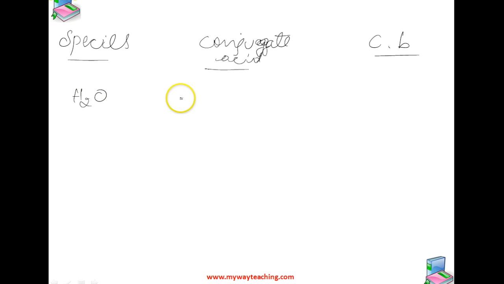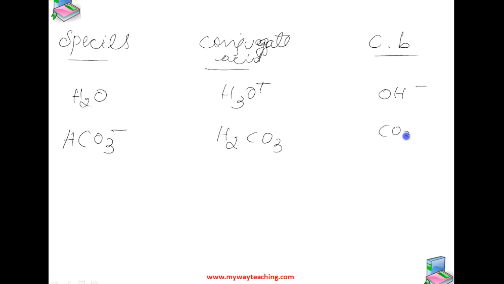H2O. What do you mean by conjugate acid? They should have one extra proton in each case. Extra proton means H3O plus, conjugate base means one proton less in each case. Next, HCO3 minus, so H2CO3, and this is CO3 2 minus.